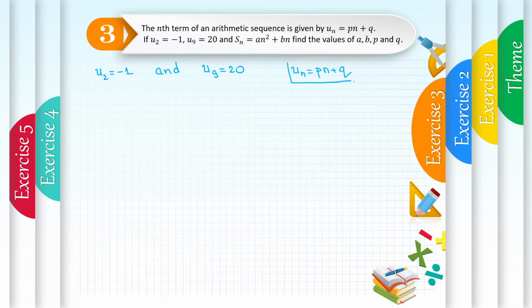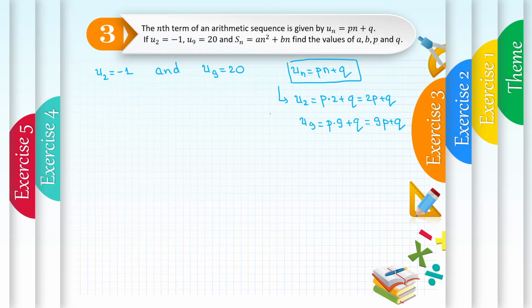Because u sub n is the formula for the nth term, using this formula we will find the formula for u sub 2 and u sub 9. u sub 2 will be equal to p multiplied by 2 plus q, which is 2p plus q, and u sub 9 will be p multiplied by 9 plus q, which is 9p plus q.